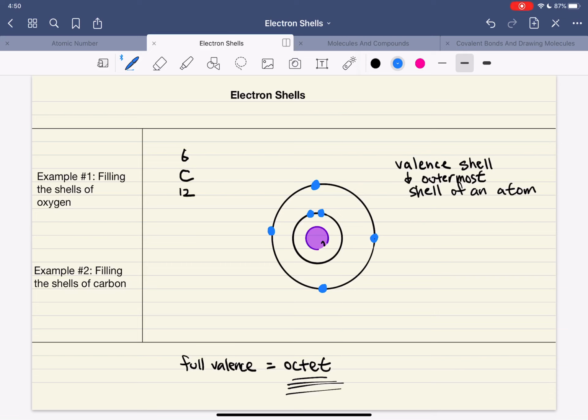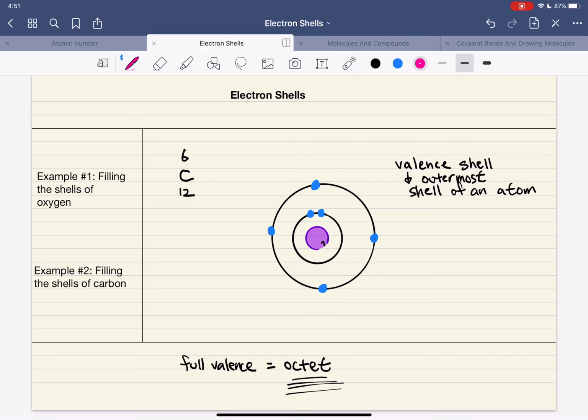And I picked this example of carbon because carbon is the most important element for life. It is the backbone of all biological molecules, your carbs, your fats, your proteins, and your nucleic acids. And the reason for that is it's because of carbon's unique electron distribution in its second shell.